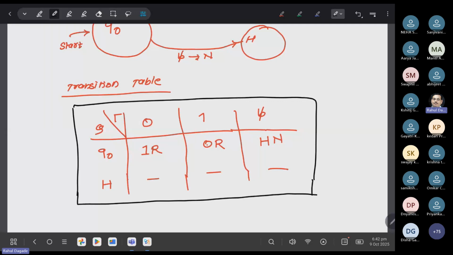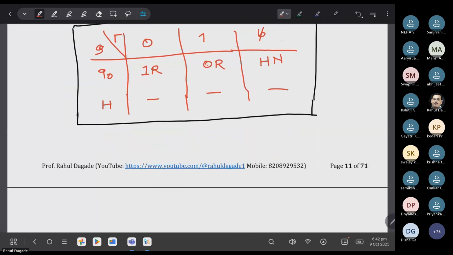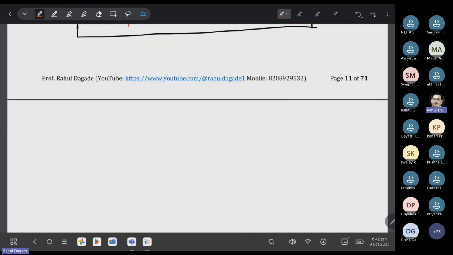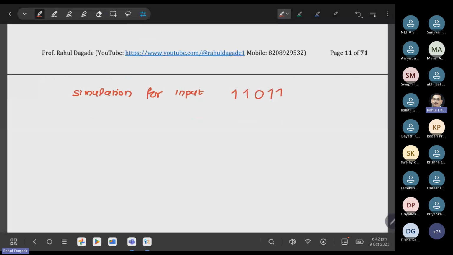Now let us show the simulation for the input 1 1 0 1 1. You can show that input on the tape first.